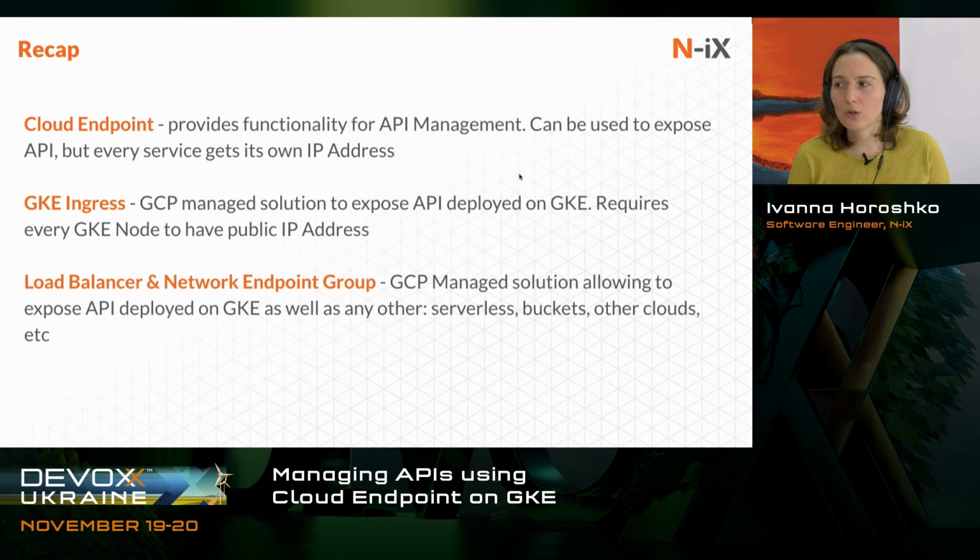But you can also use other Ingress providers like Nginx or maybe Istio. So it's also a solution for exposing your APIs, and the good part of it is it's Kubernetes native. So if your application is mostly about Kubernetes itself, then it's probably a very good choice for you.